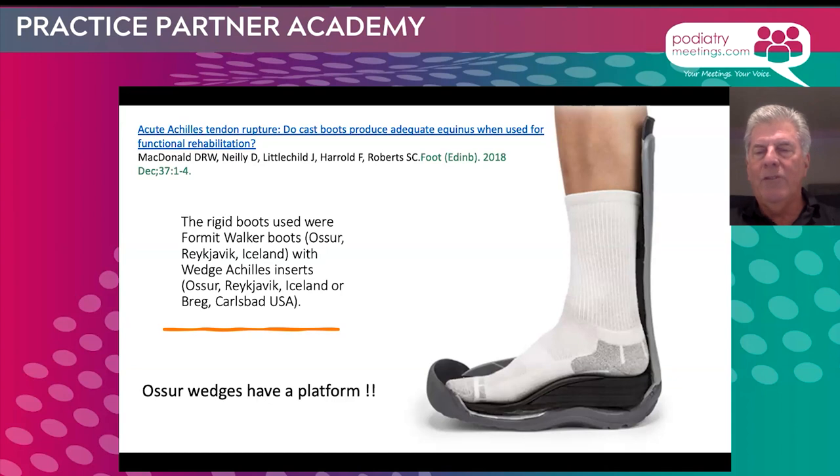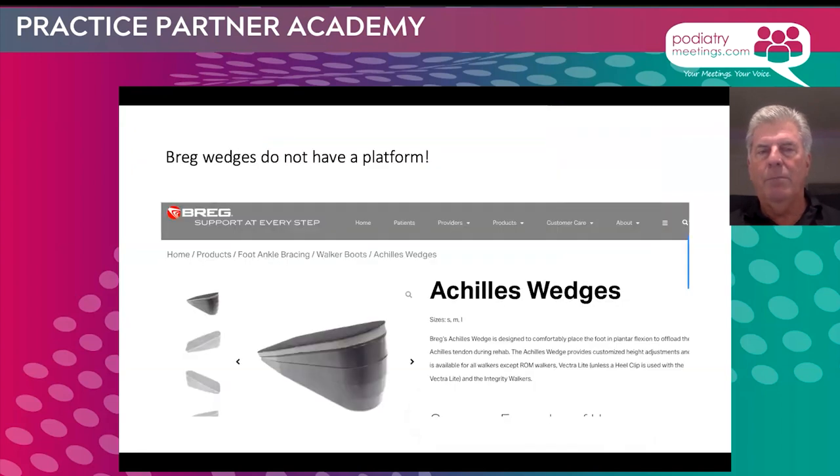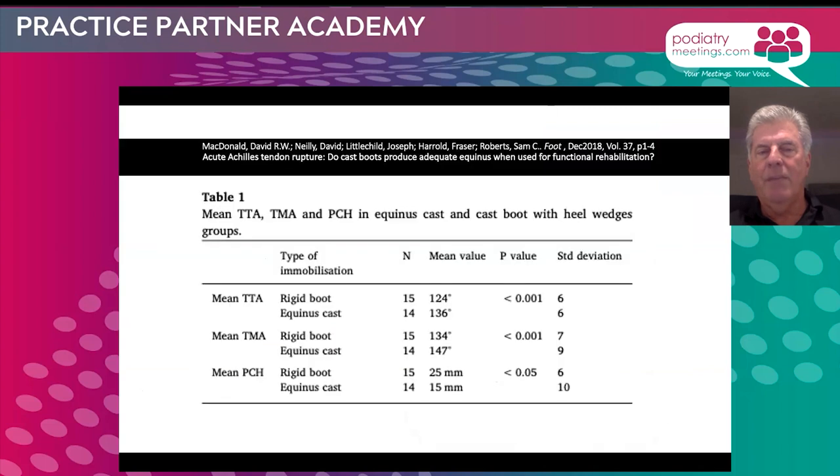The Oser wedges they used in this study have a platform, and therefore they're going to give a totally different result than the Bragg wedges, which don't have a platform. But unfortunately, in this study, they mixed the wedges together on all patients who received a boot. And sure enough, the patients who received a boot did not get significant reduction of their equinus position, as the data showed.